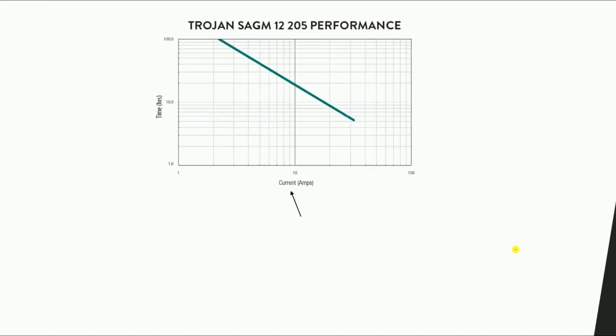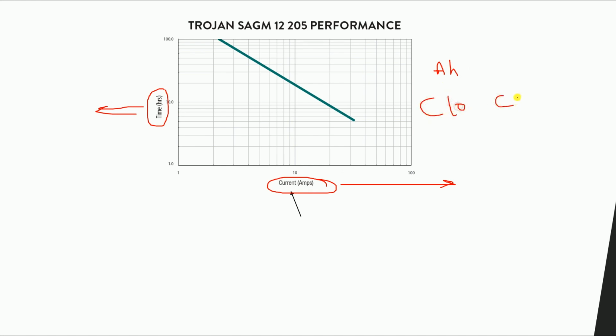Another thing which you can see is the performance curve. This will give you the amount of amperes and the time. So it gives us the discharge current and the equivalent time, similar to the ampere hour table, if you remember it, the C10, the C20, and C100.